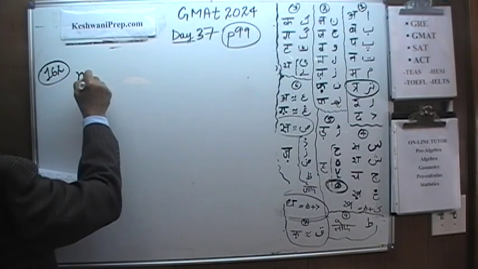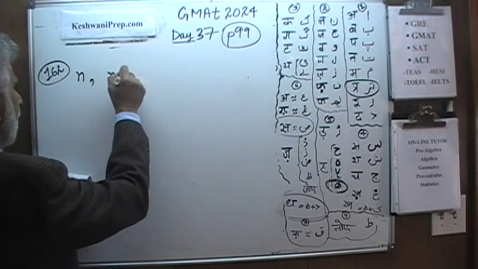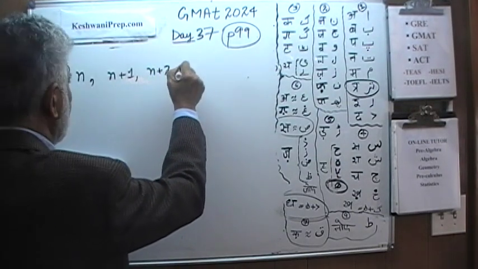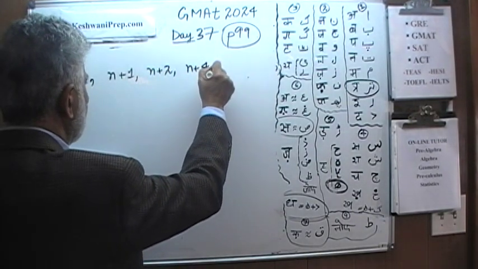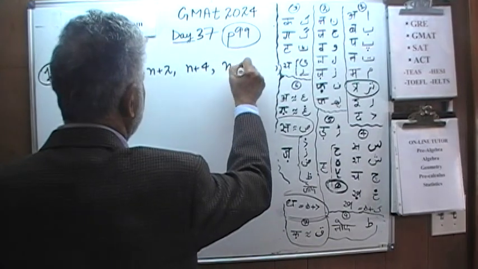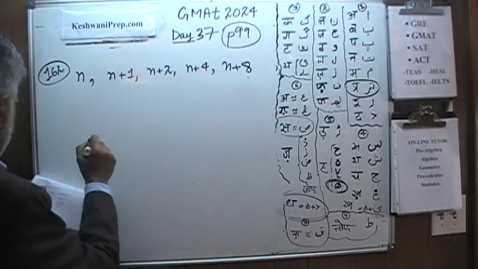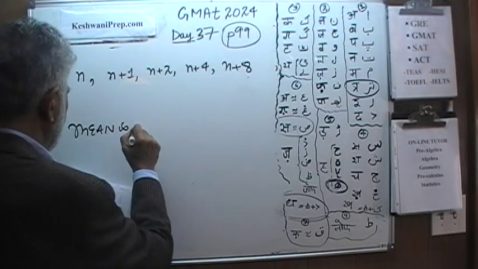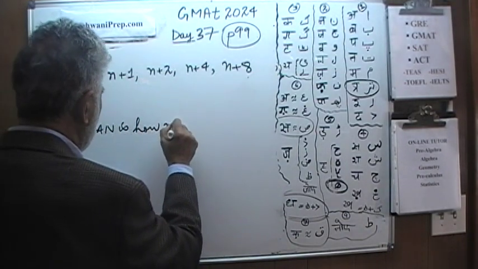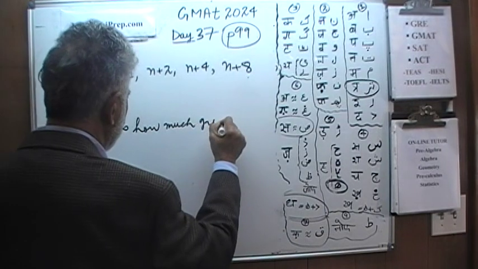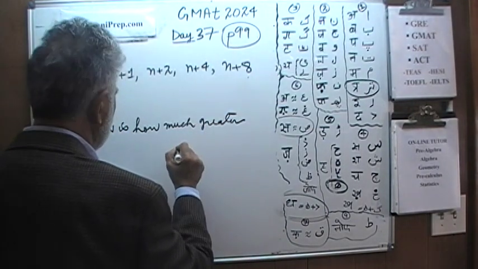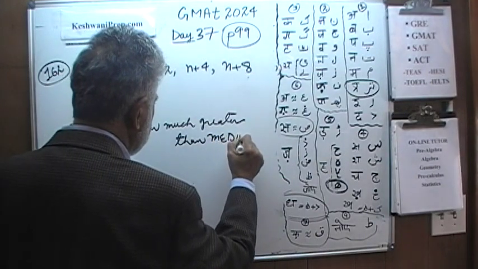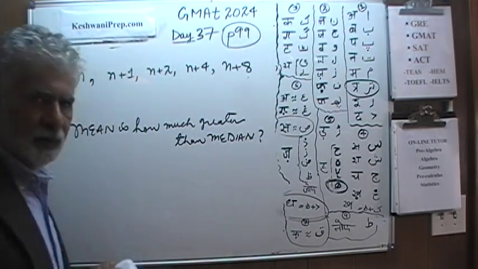We are told that we have n plus 1, n plus 2, n plus 4, and n plus 8. And here's the question. The question is, mean is how much greater than the median?